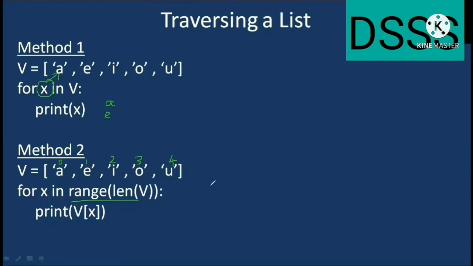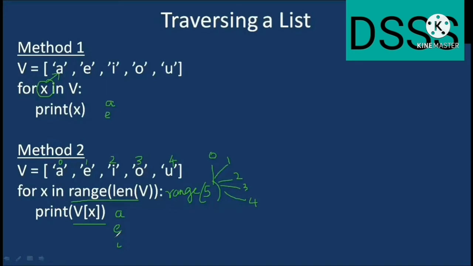When we use the range function, when we say x in range, then x is not an element of the list. x gets all the index values because of range(len(v)). What is len? It tells you the number of elements in v. The number of elements in v is 5. And what does range(5) mean? It will generate a set of values which are 0, 1, 2, 3, 4.